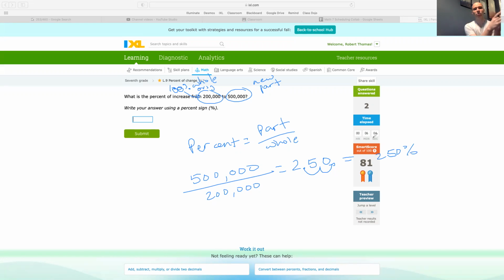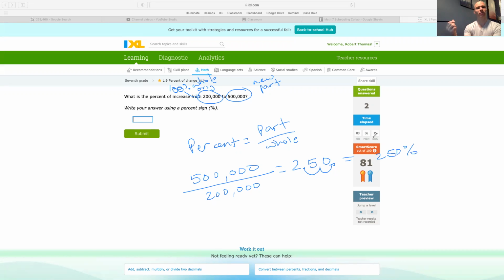So in the first way I showed you, the first thing we did was we subtracted, right? Because what you're essentially doing there is you're taking out the original value from the calculation, right? We subtract out that original amount so that we really only wind up calculating the increase or the decrease. Well, here we used the whole new value that has the original 100% value in it, right? 500,000 has the original 200,000 in it.